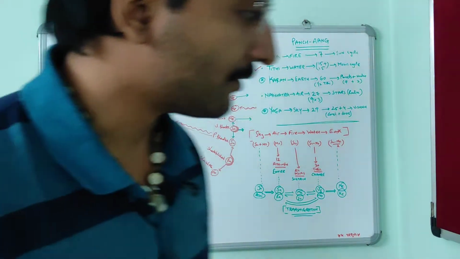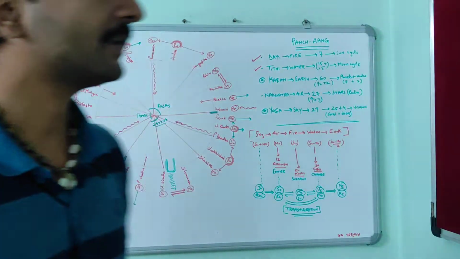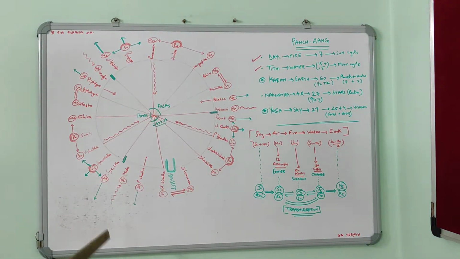Let's see the first point over here. The first point is very simple. Ketu is giving life, and until and unless you have a lower body, there is no life on this earth.